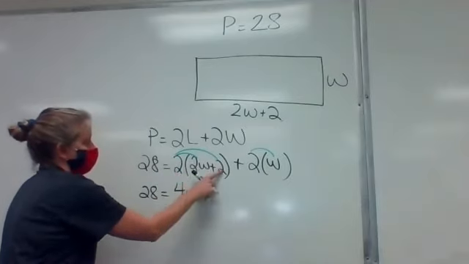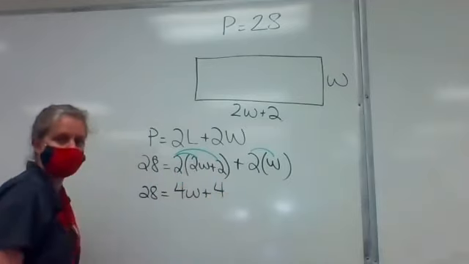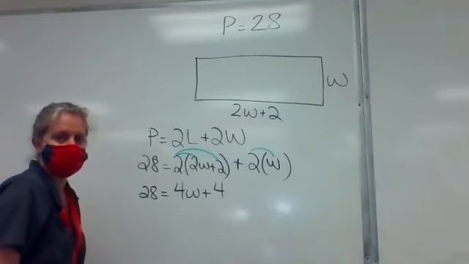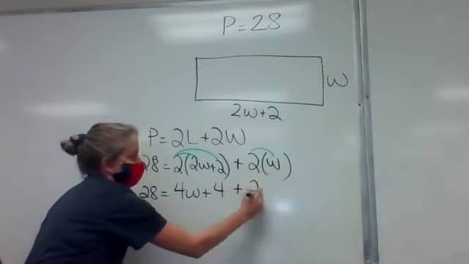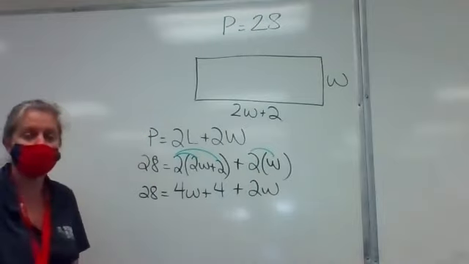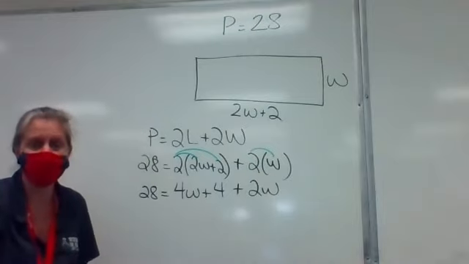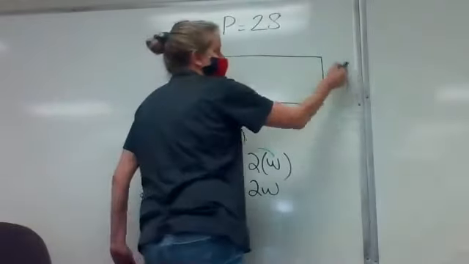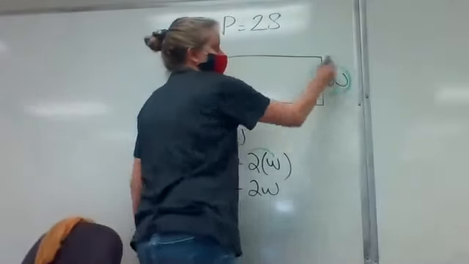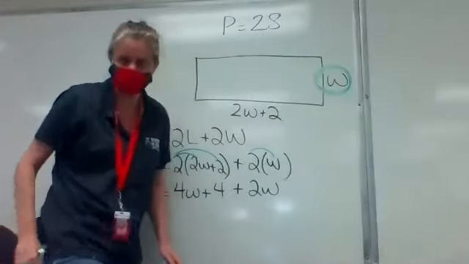Plus 2 times 2 is 4. Plus 2 times W is 2W. Right? I'm trying to get the W by itself because once I get the W by itself, I know what W is.